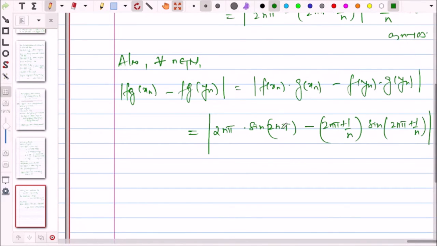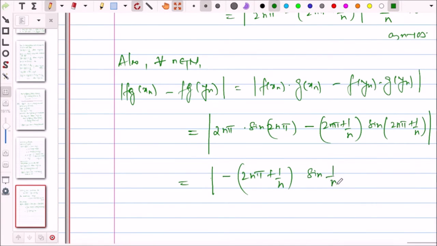Because sin 2nπ is 0, this whole term will become 0, so we will be left with (2nπ + 1/n) and sin(2nπ + 1/n), which will be sin(1/n), because sin(2nπ + θ) is sin θ. So this is sin(1/n).